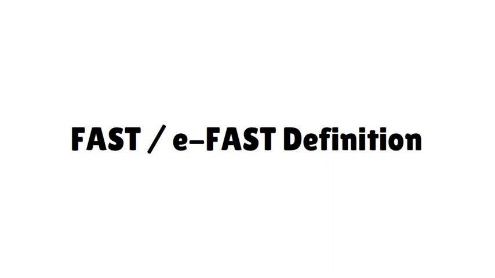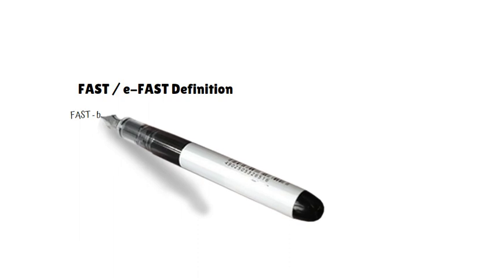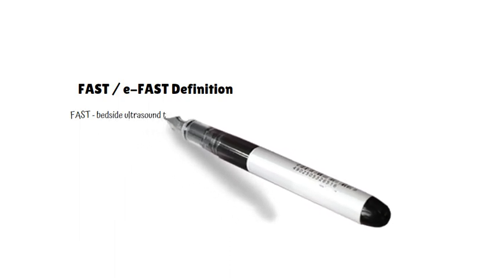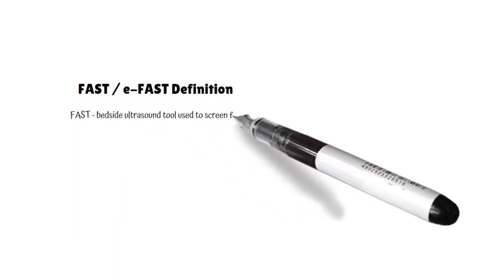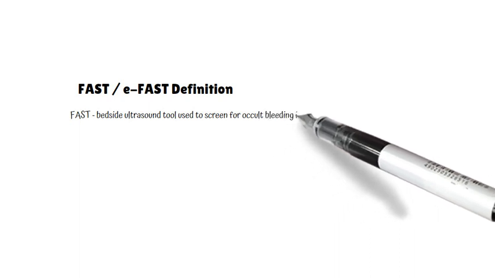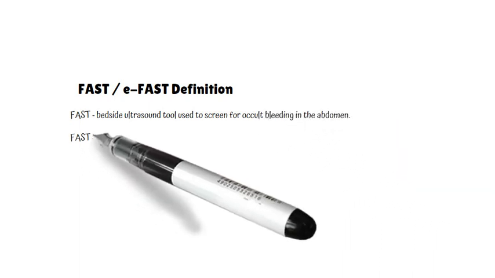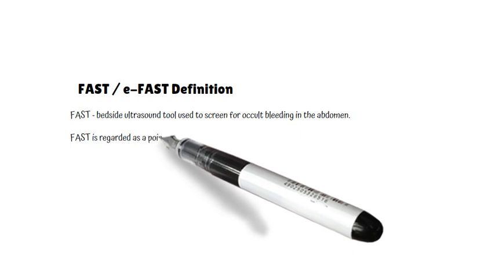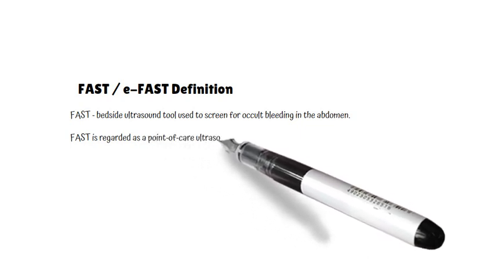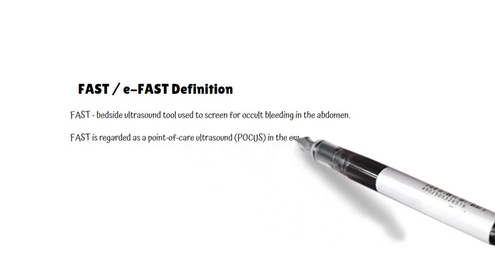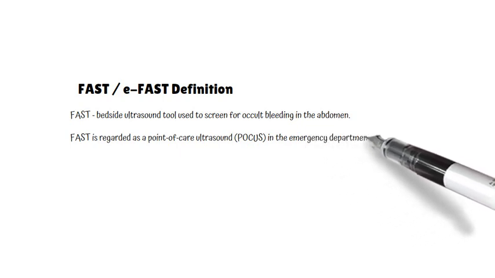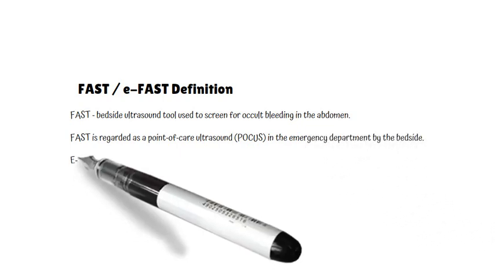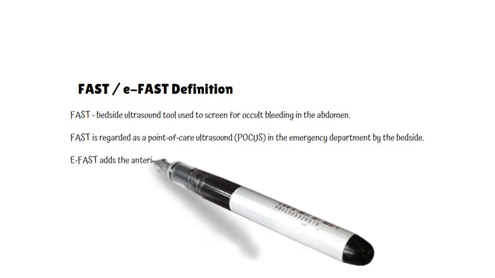As we've already mentioned, FAST is a focus assessment with sonography in trauma. It is a bedside ultrasound tool used to screen for occult bleeding in the abdomen. It is also regarded as a point-of-care ultrasound in most emergency departments, and it can be performed by the bedside.